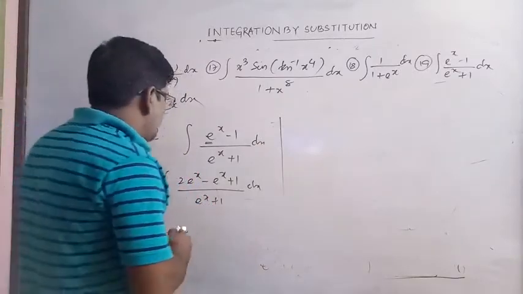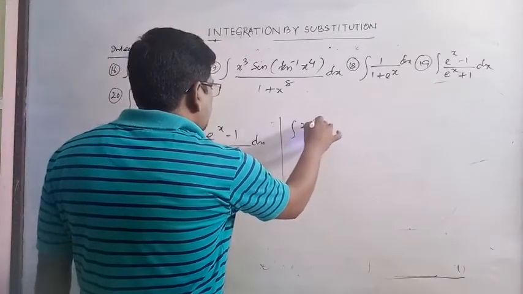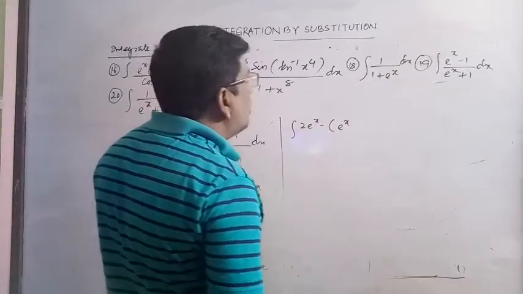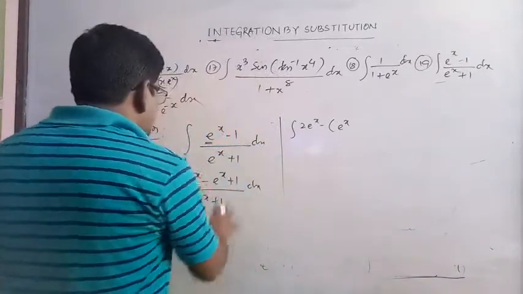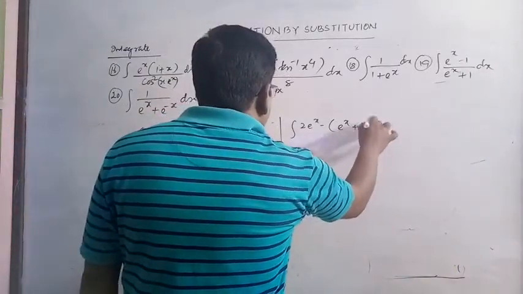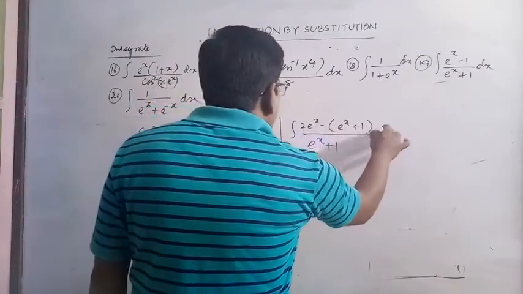So this will be integration of 2 e to the x minus (e to the x plus 1) divided by e to the x plus 1 dx.